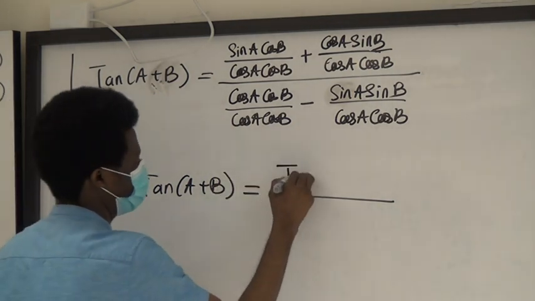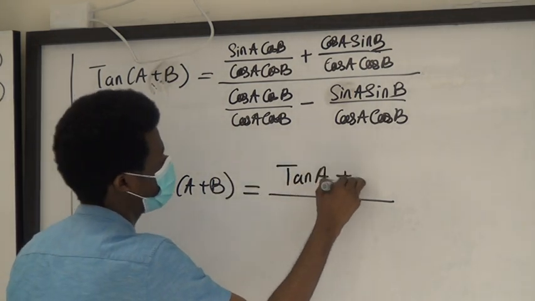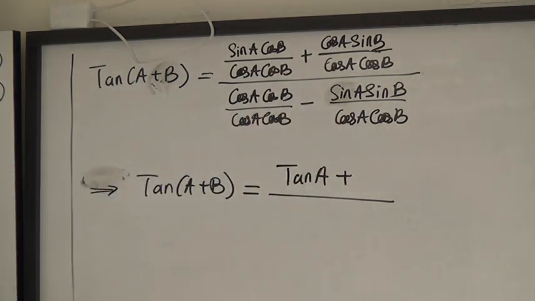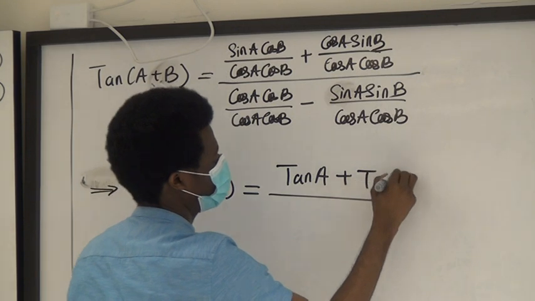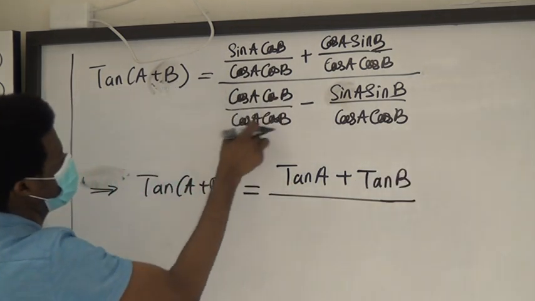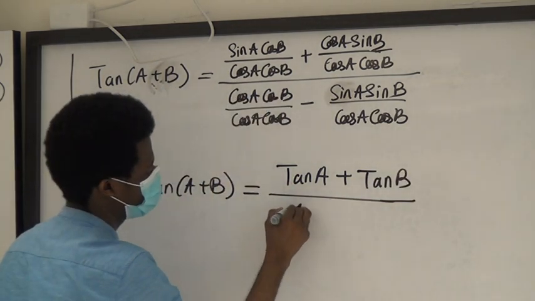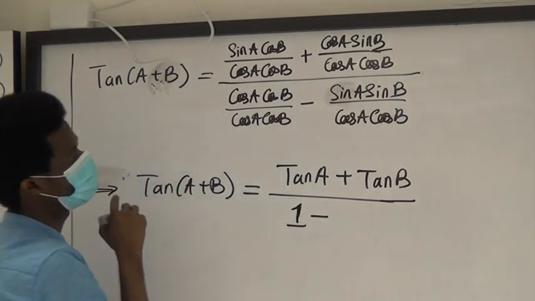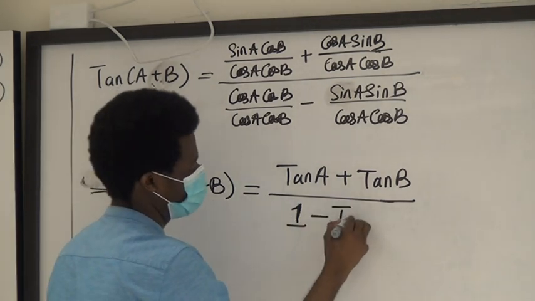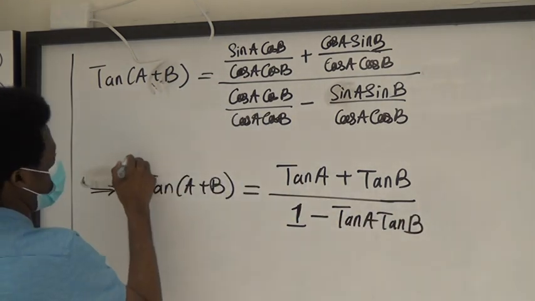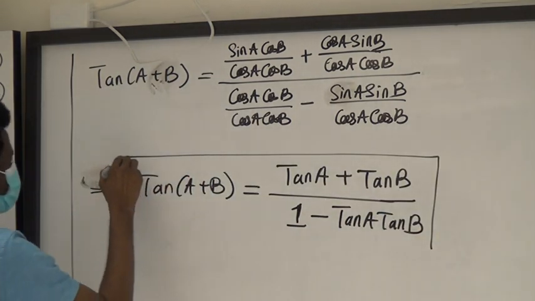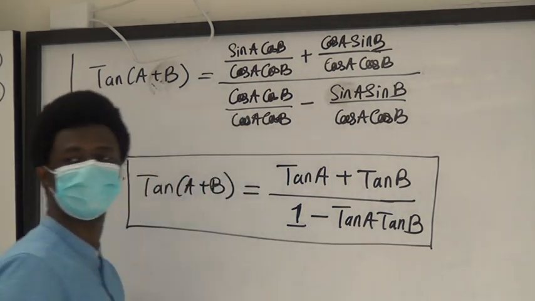So you have tan A, good. Plus, what about this part? Tan B. Are you sure? Because cos A is gone. So you have tan B. Then here, 1 minus tan A tan B. And that is one of the addition formulas for tan.